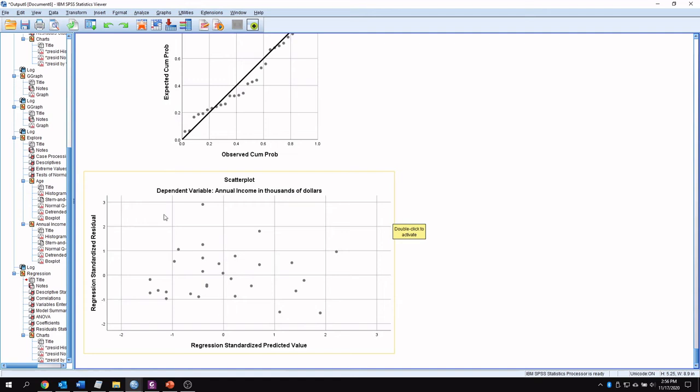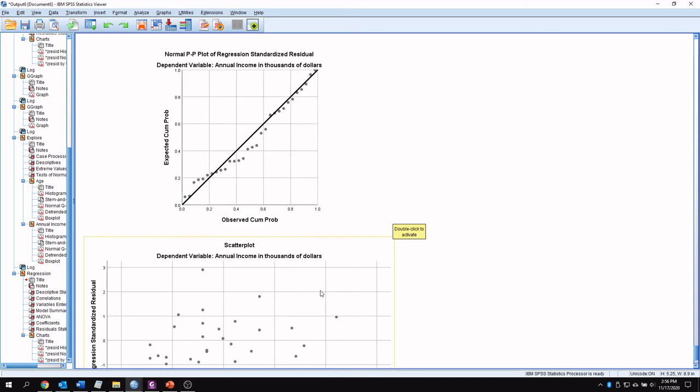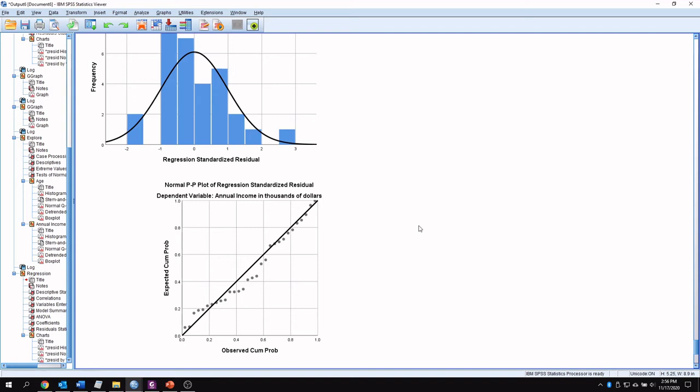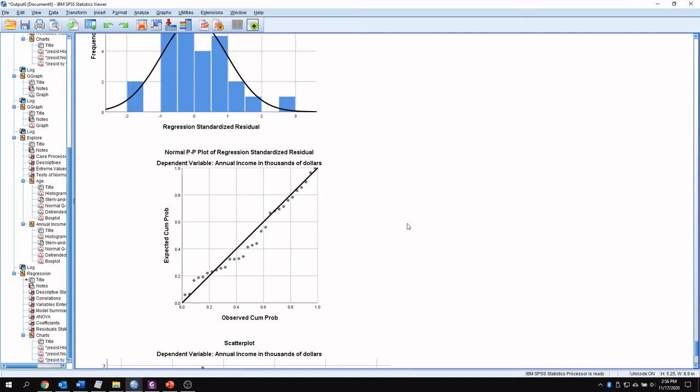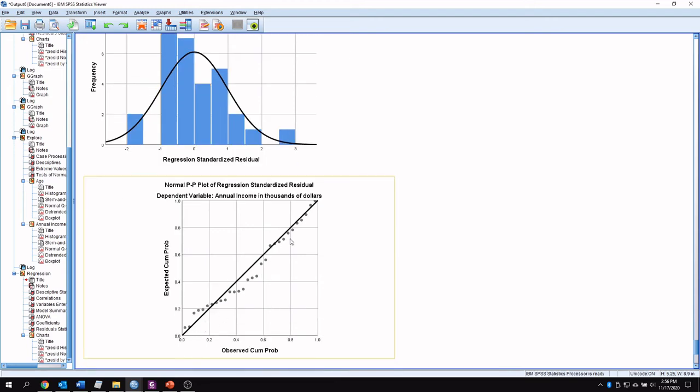We also see that everything is between -3 and 3, and that's going to tell us that our assumption of outliers is met. We don't have any outliers to mess up our data here. We also want to see all of our data points follow this line. Again, not perfect, but generally we see it following that line there.